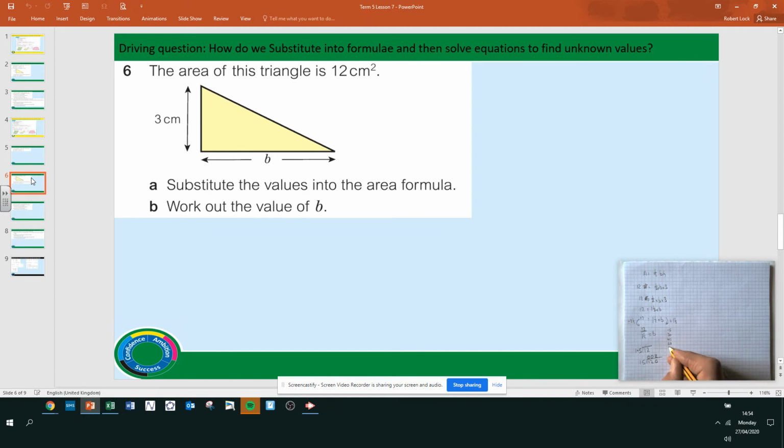Don't believe me? 75, 90, 105, 120. 1, 2, 3, 4, 5, 6, 7, 8. So the answer is 8. So B equals 8.